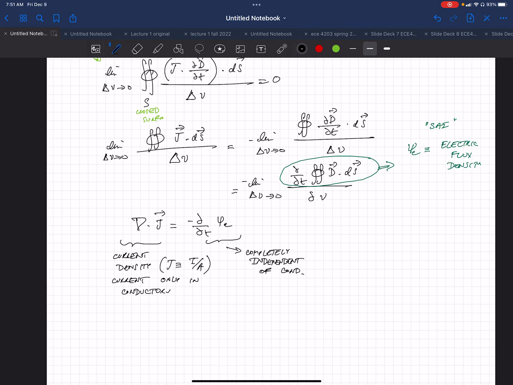So it can exist in a vacuum, it can exist in a dielectric, etc., and it's also called the displacement current.